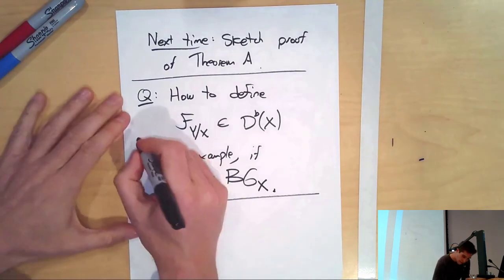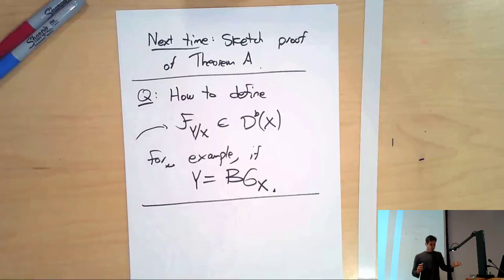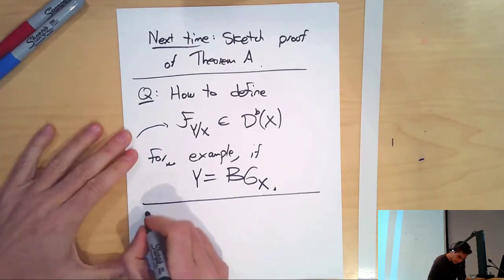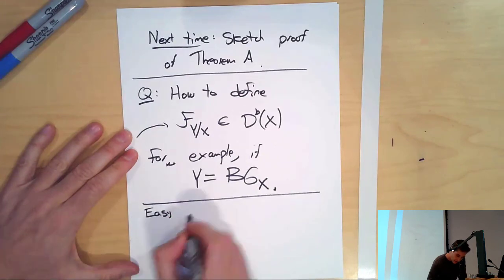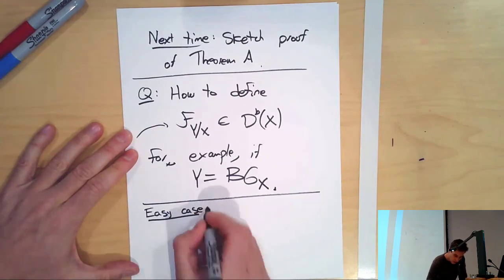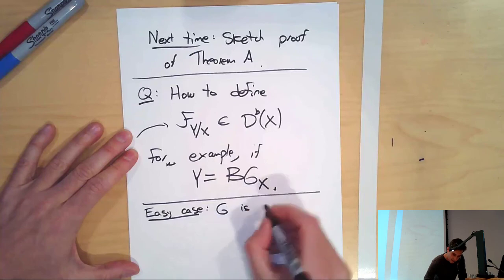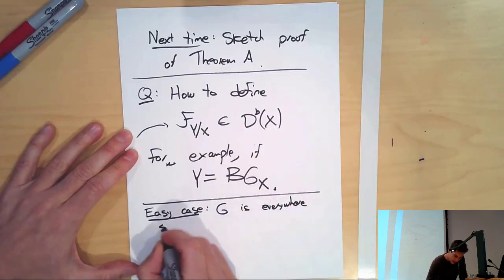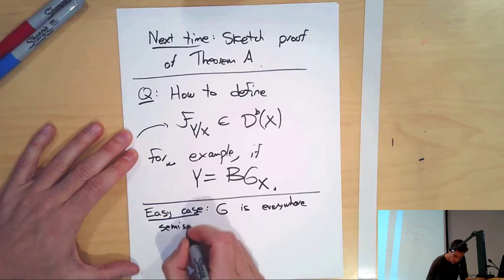This is very closely related to an object which appears in the literature, for example in Steinberg's work, and there's a paper of Dick Gross about the motive of an algebraic group. This is sort of a variant of that object. So let's talk about a simple case. An easy case would be, what if G is everywhere semi-simple? It has good reduction at all points of the curve.